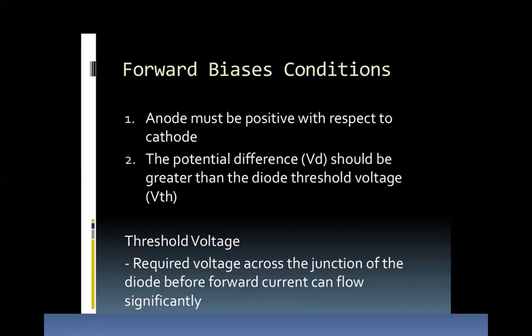The threshold voltage is nothing but the required voltage across the junction of the diode before forward current can flow significantly. I mean, the potential difference, the source we have given to the diode, should be greater than the threshold voltage. Unless we cross that particular threshold voltage, there won't be any current flowing in forward bias. So these are the conditions of forward bias.